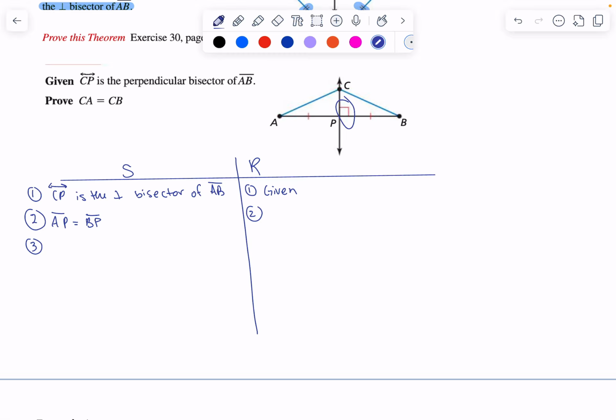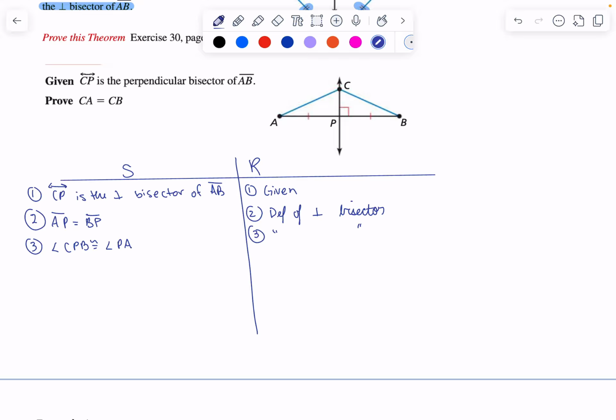So that means that angle CPB is congruent to angle CPA. And both of these statements here are by definition of perpendicular bisector. So I'm just going to put the quotations to basically say copy paste that in, that reasoning.